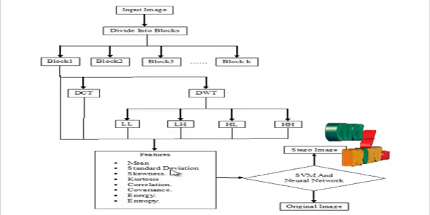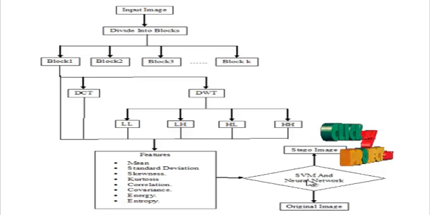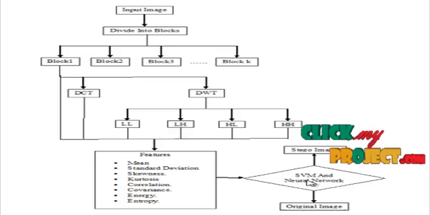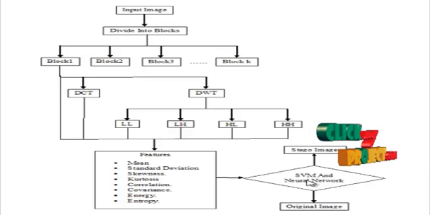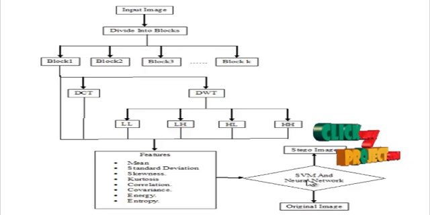Then the extracted features were given to the neural network and the SVM classification methodologies. The input image features were extracted by the same process. Similarly, the training process is employed for a set of stego and original images.